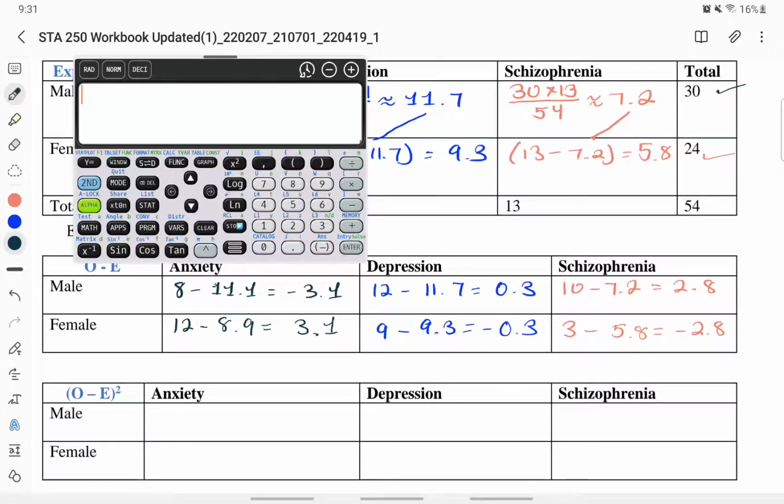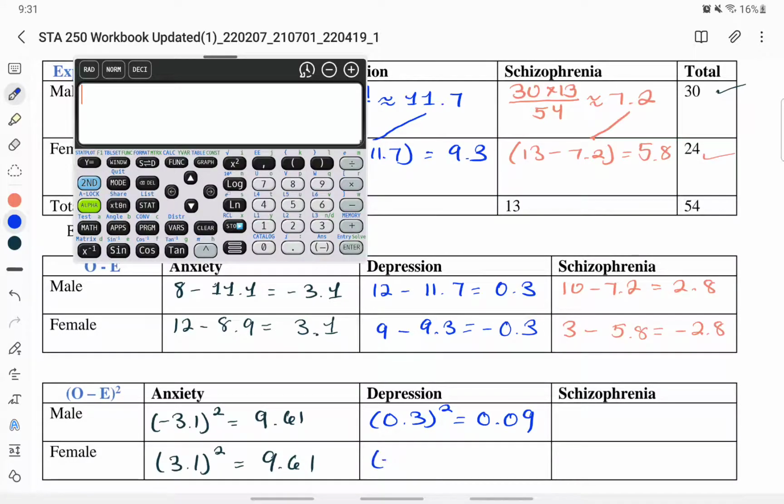After you do that, you want to square all of those differences. So that is going to be negative 3.1 squared, which is going to be 9.61. This will be 3.1 squared, that's going to be positive 9.61. This will be 0.3 squared, which is 0.09.